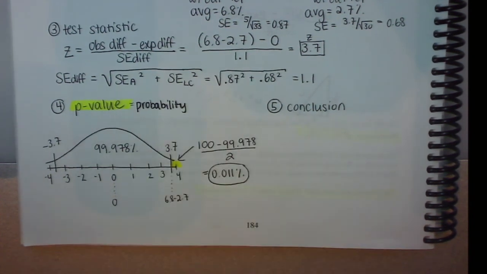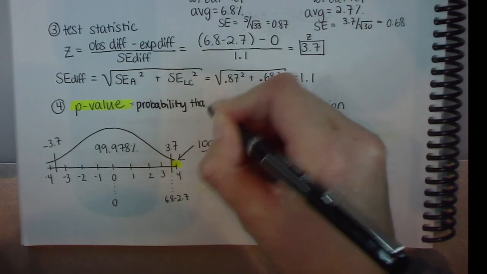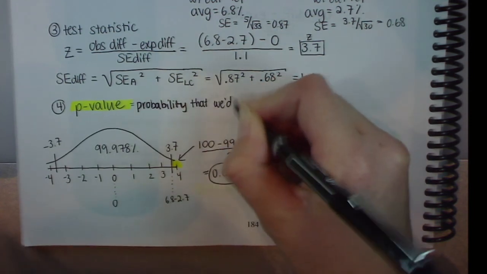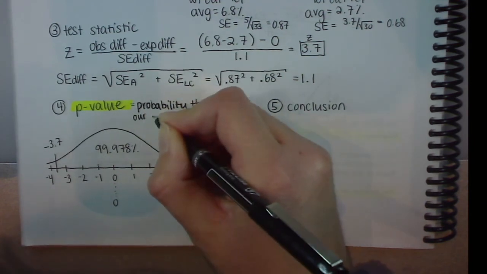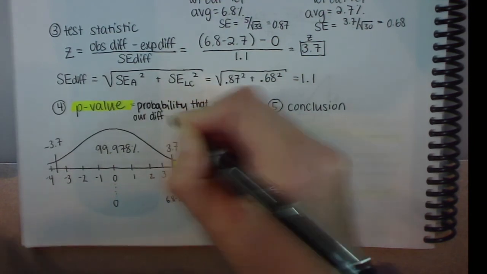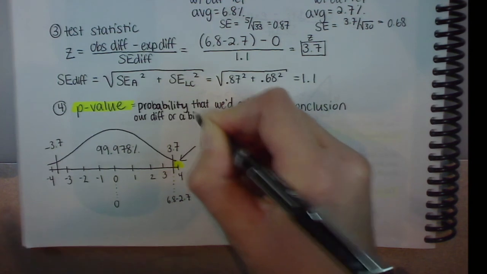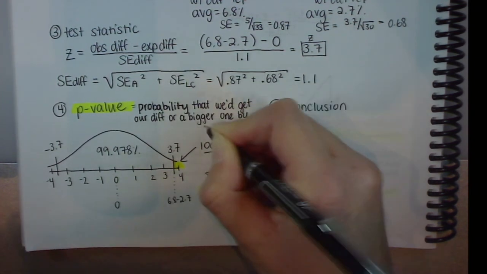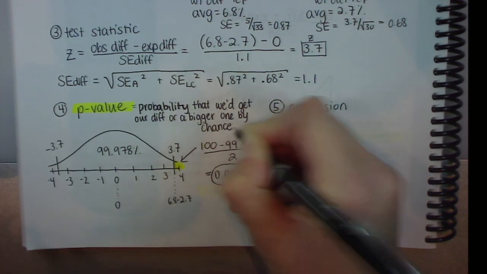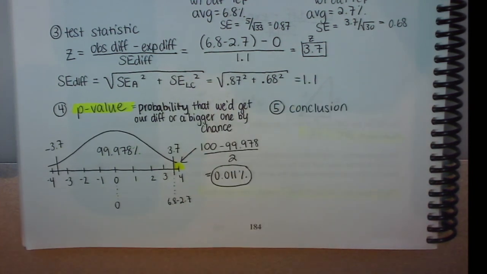And it's the probability that we'd get our difference or a bigger one by chance. So if there's really no difference, it's the probability we get our difference or a bigger one just by chance. So that probability is super low, right?